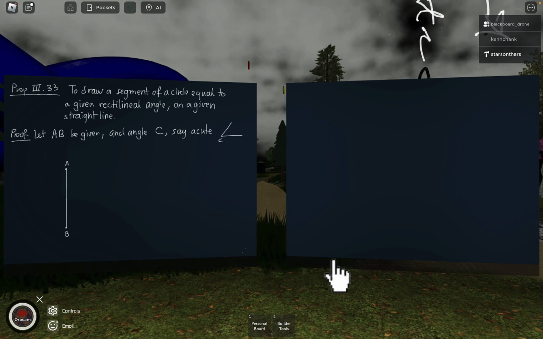Okay, so let angle BAD be constructed equal to C on AB. And that we've been able to do for a long time, so that's proposition book 1, 23.